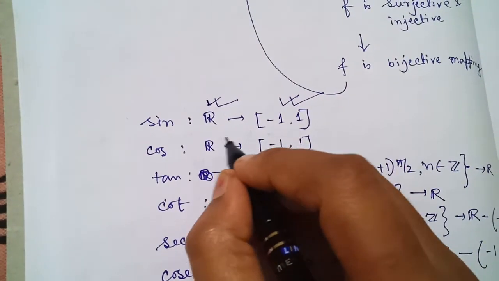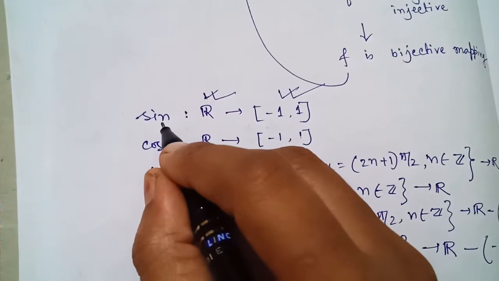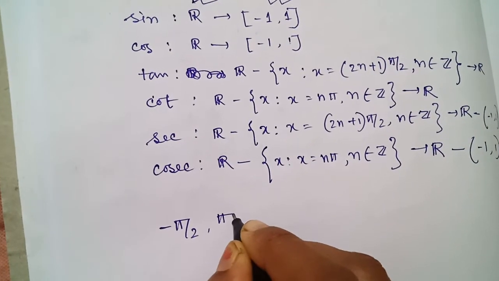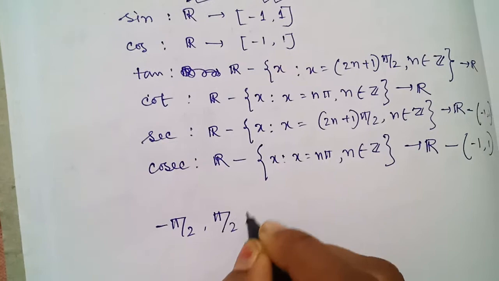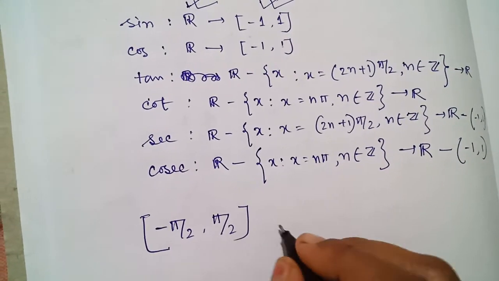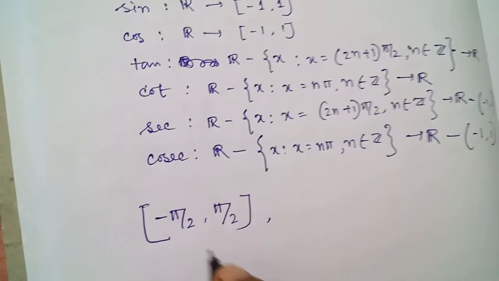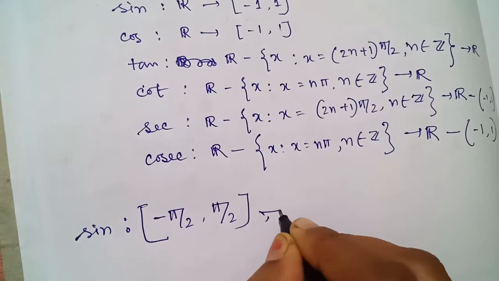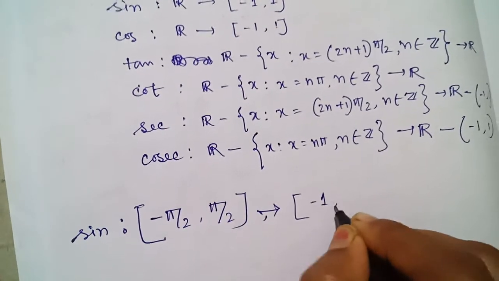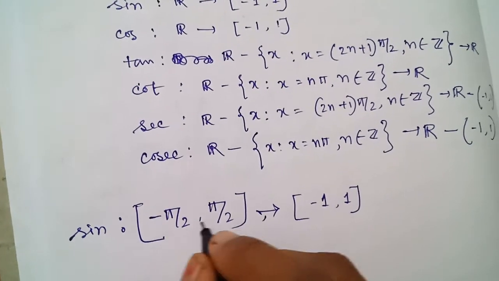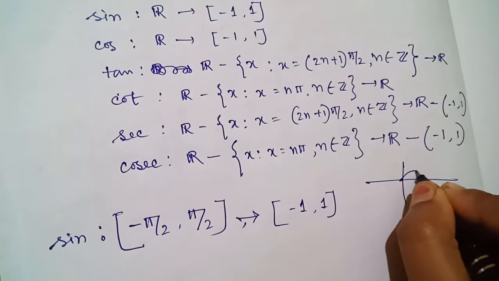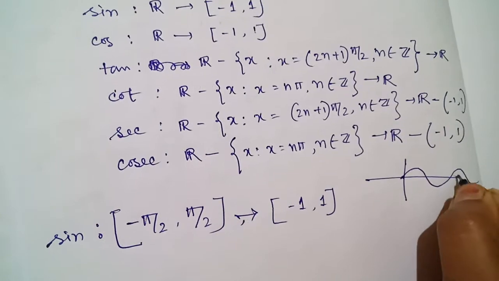Now suppose we restrict sine's domain to the closed interval [-pi by 2, pi by 2], then its range again will be going to this, because you all know that the sine function makes a loop. When we draw its graph, it will make a loop like this.